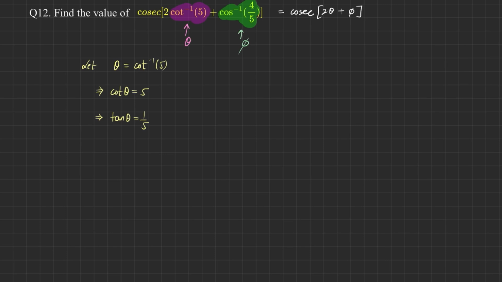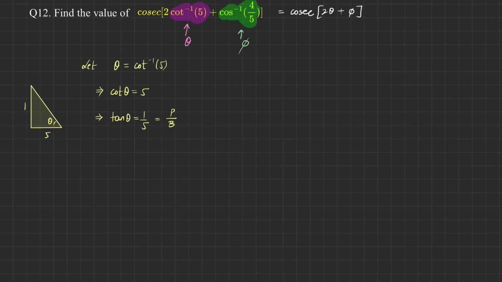So now let me draw a right angle triangle, and if this angle is theta, then tan theta, 1 over 5, equals perpendicular by base. So my perpendicular is 1 and my base will be 5. So let's find the hypotenuse.